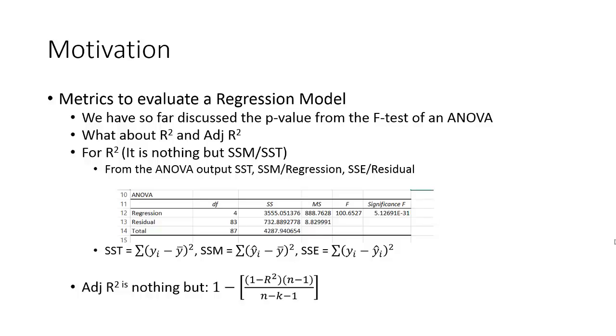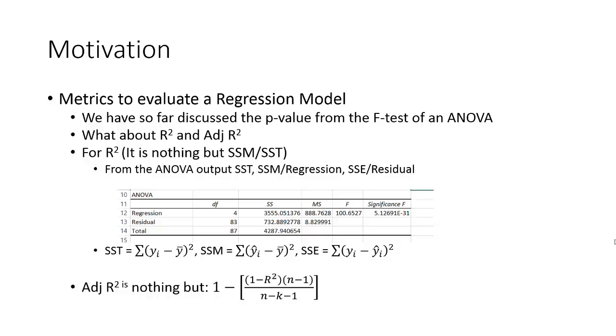Let's say I had a model with 5 input variables. I suddenly say, maybe I should add a 6th variable. It's definite that r square will increase. And so r square itself is not a great measure of how good a model is.